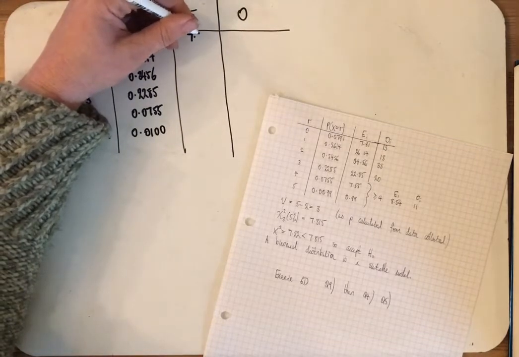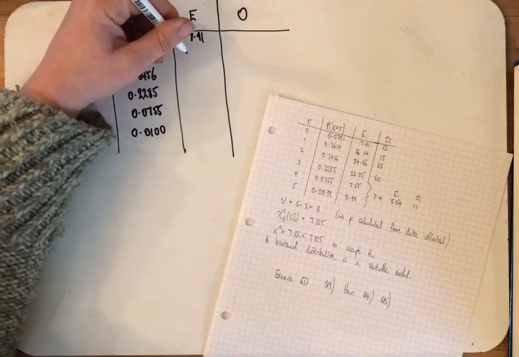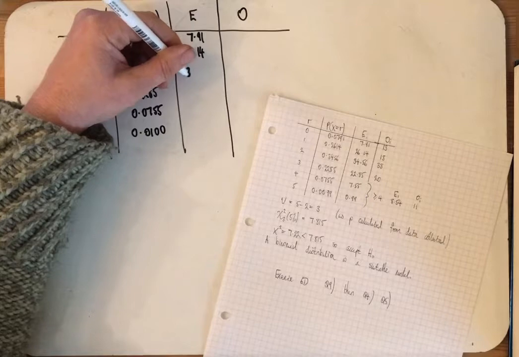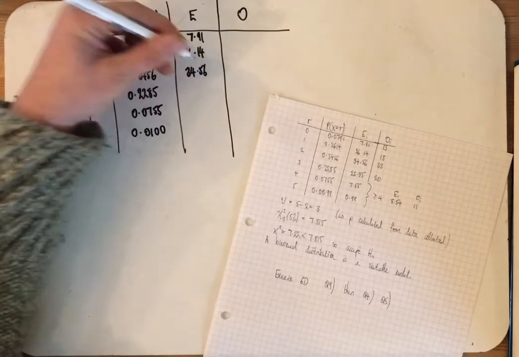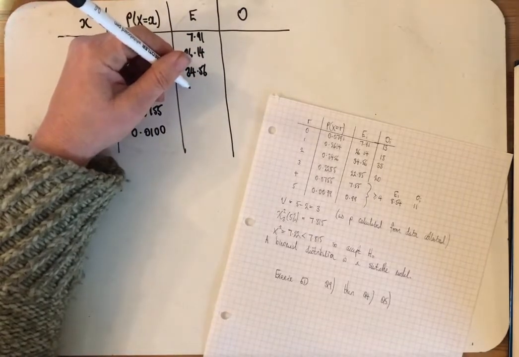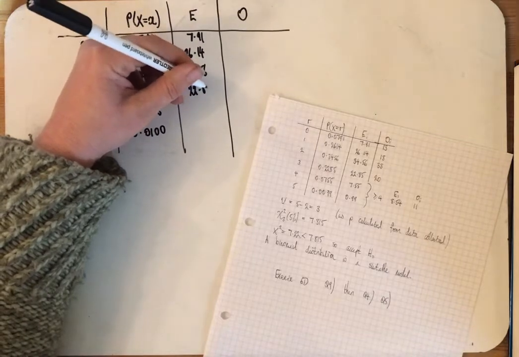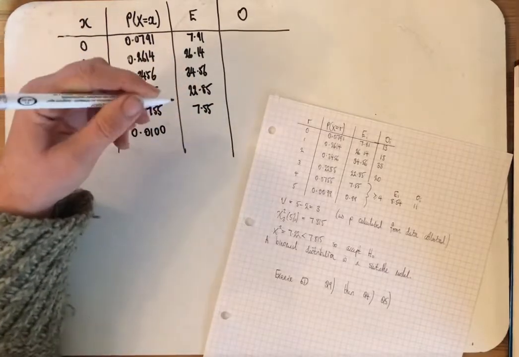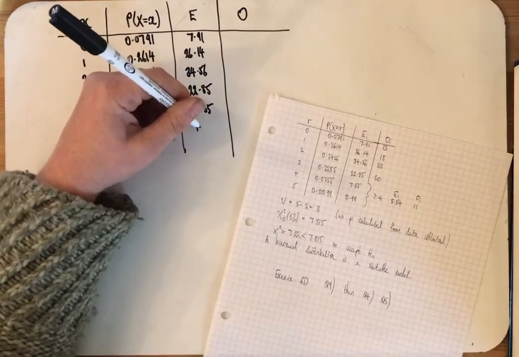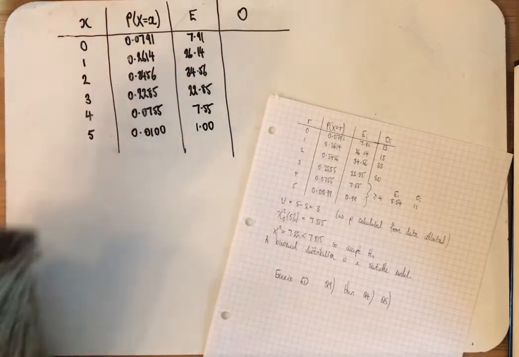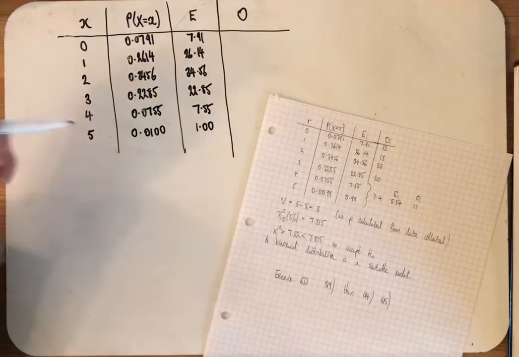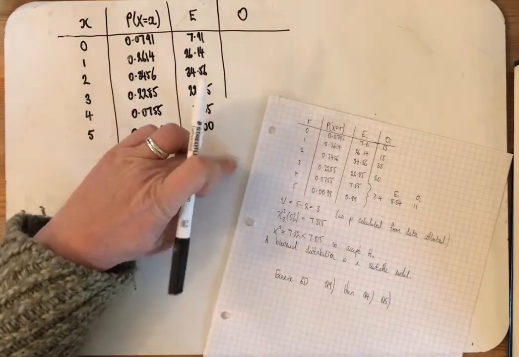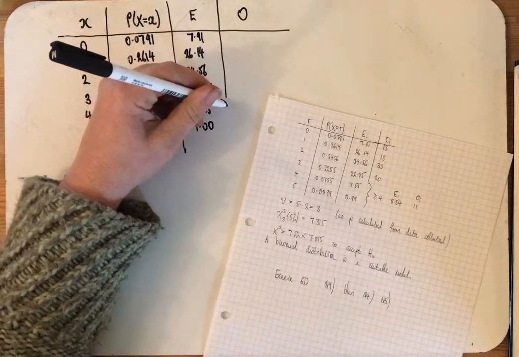So 7.91, 26.14, 34.56, 22.85, 7.55 and 1.00. The expected value here is below 5, so we need to combine these two together.